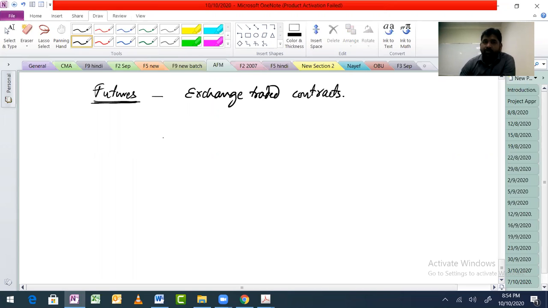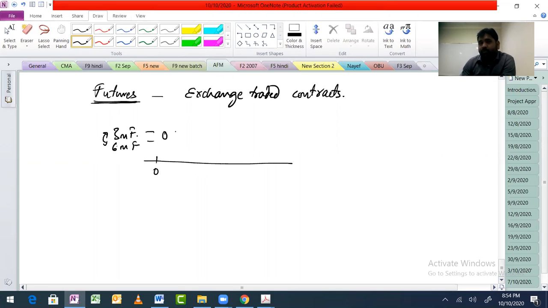Fine. So when we were doing forwards, it was very simple. See, today you go in the market and you ask for, for example, a 3-month forward contract, or a 6-month forward contract. Each and every contract is unique. Why?